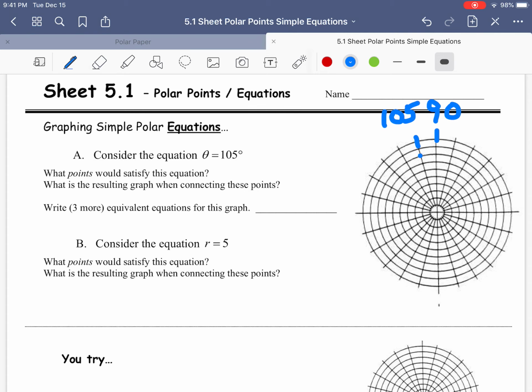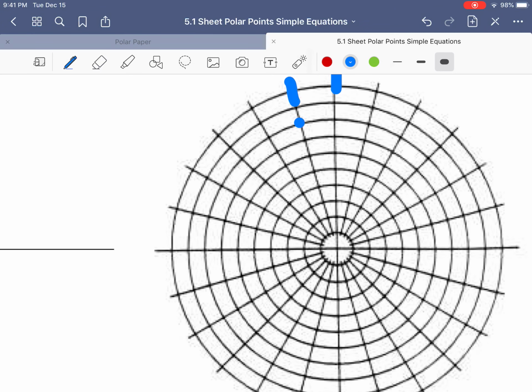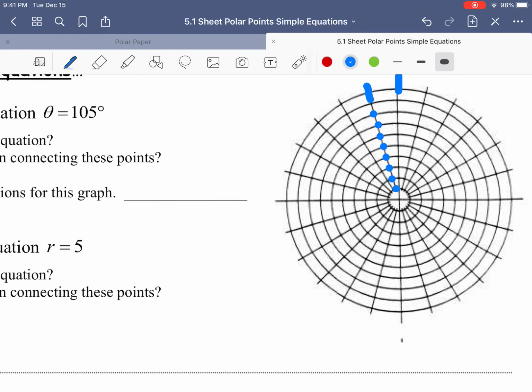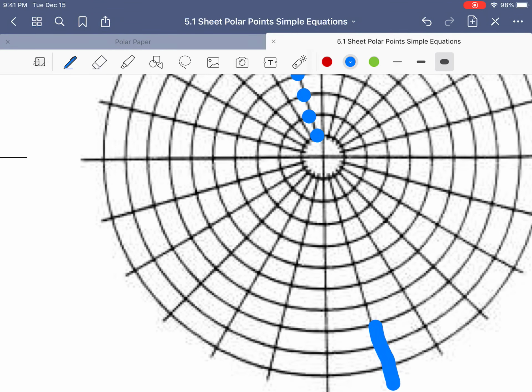Well, that point would, just the same as this one and this one. Each one of these points that I'm plotting has a theta value of 105. It just so happens that the radius is changing. But that's all right. We just want to make sure we have theta equals 105. What if we're on the opposite side? Is that okay? Well, it would be okay because the r values over here would just be negative.